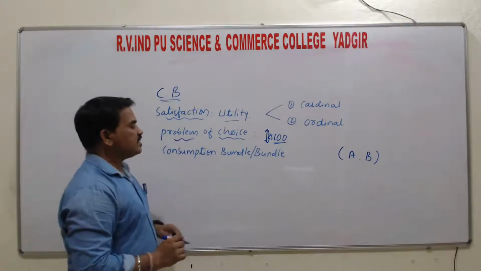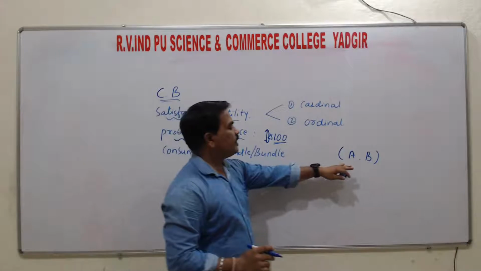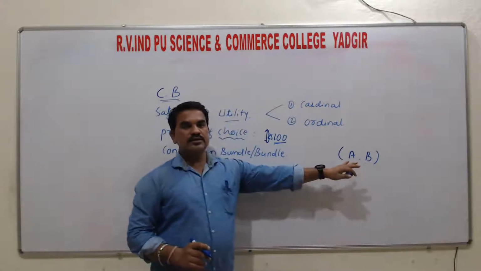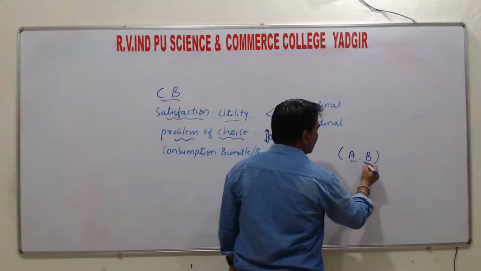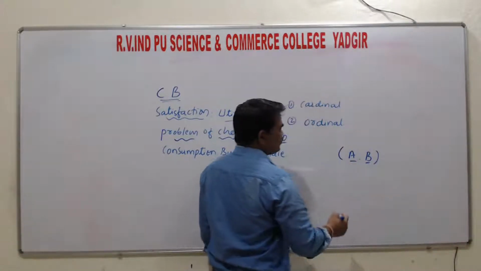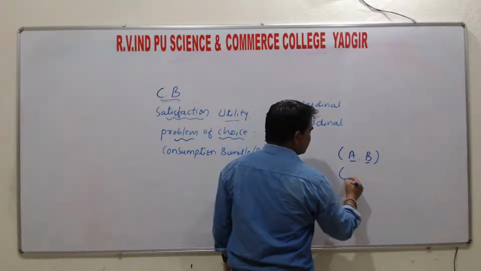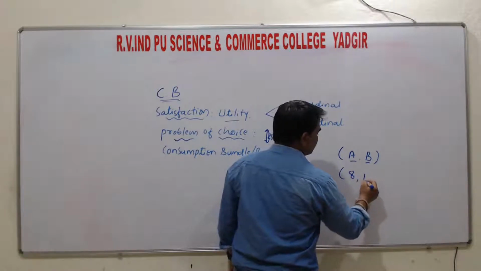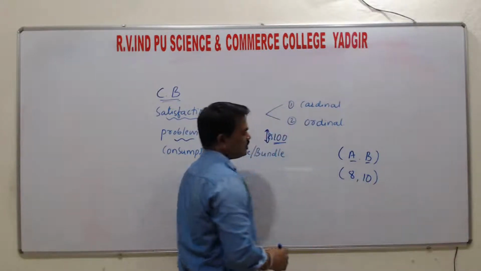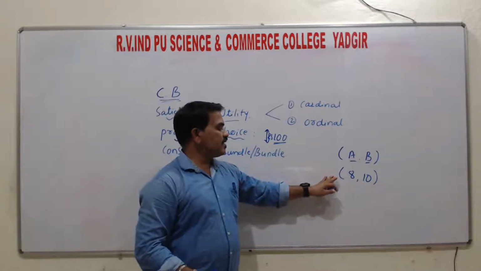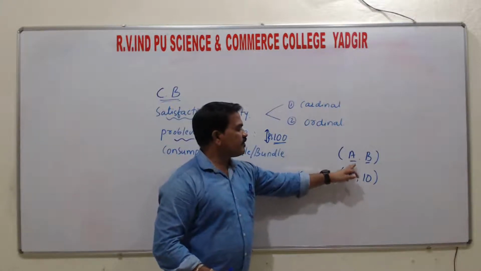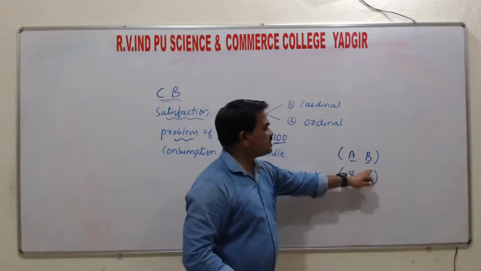And next, as we know, we have only two goods in the market, and a bundle is when we say we have apple and banana. If we mention 8 and 10, this combination says 8 pieces of apple and 10 pieces of banana.